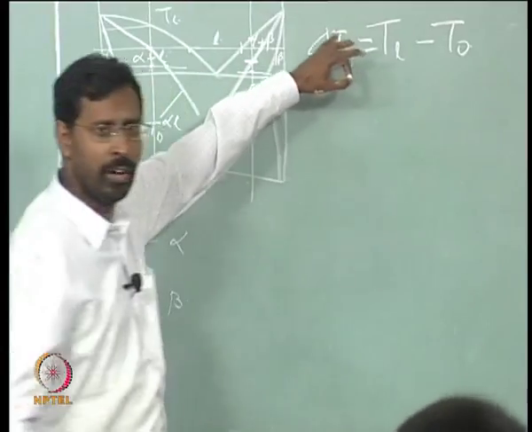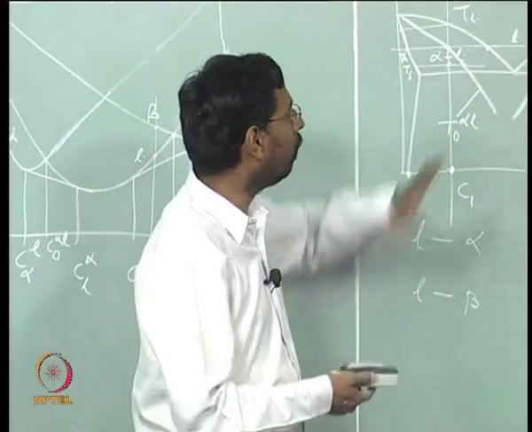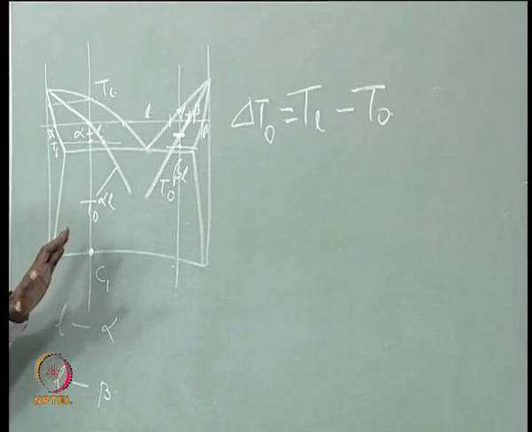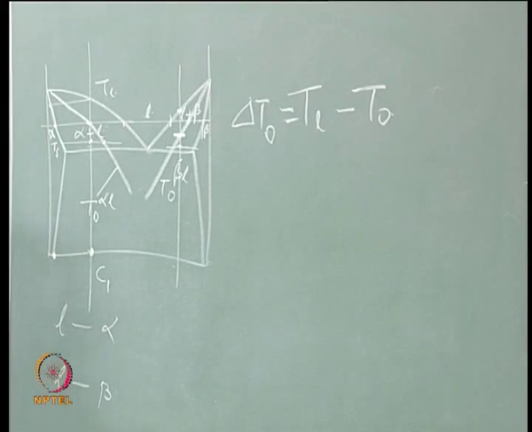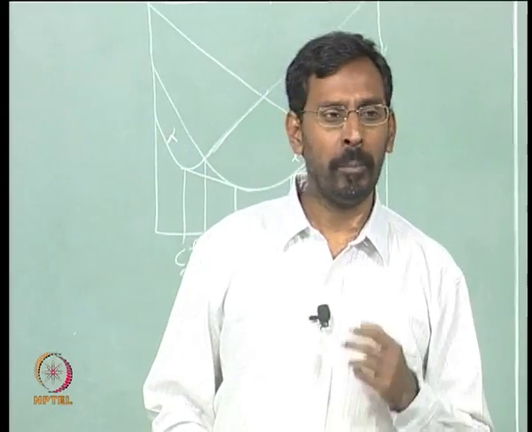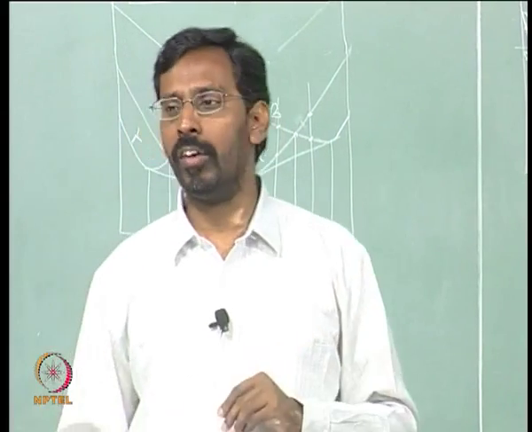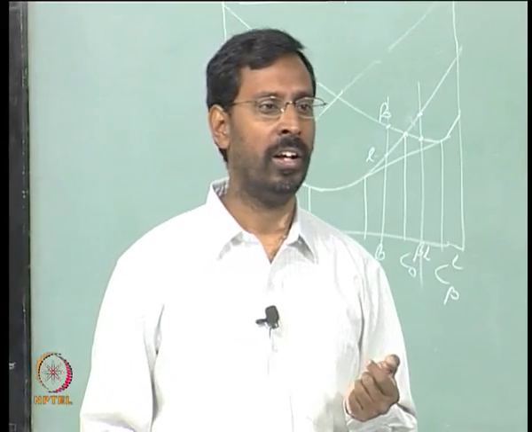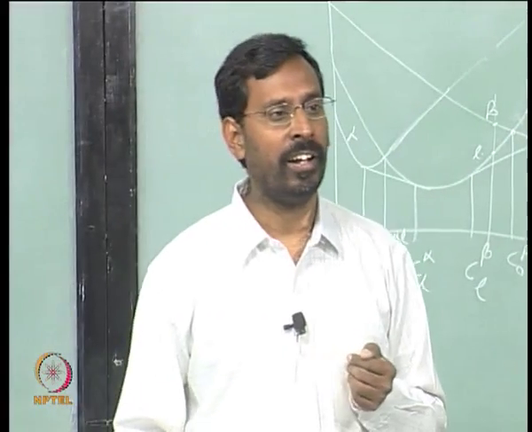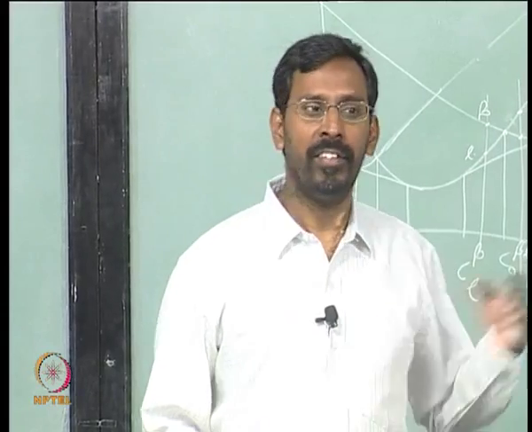Is this clear now? So, this is the whole T naught concept, and this T naught concept can give you how to get extended solid solutions. These are what are called extended solid solutions. One of the basic advantages of rapid solidification processing, which Paul Duwez, as I mentioned to you, discovered in 1959, is this.